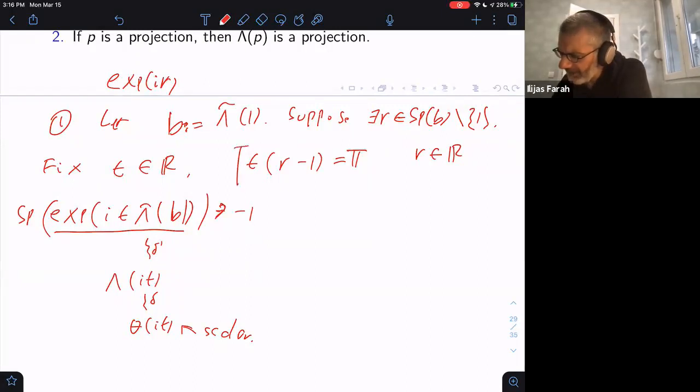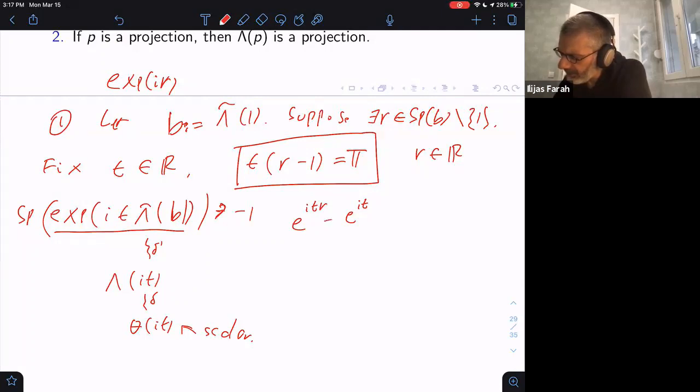you see, if t times r minus 1 is equal to pi, okay, so this is high school math, I guess, but it means that if you look at e to the i t r and e to the i t, these two are quite far from one another, right?